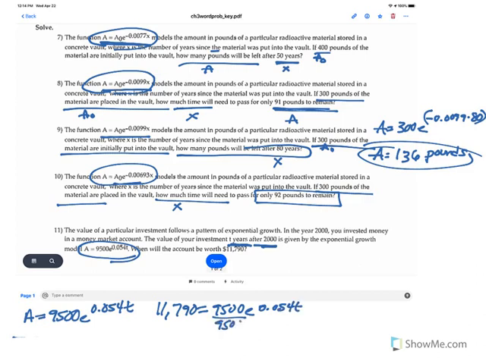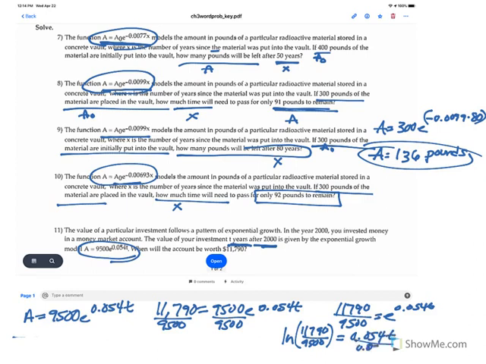So we would divide both sides by 9,500. And if that does not divide evenly, you will leave them in that form. So then 11,790 over 9,500 equals e to the 0.054t. We bring in the natural log, which would just be 0.054t.